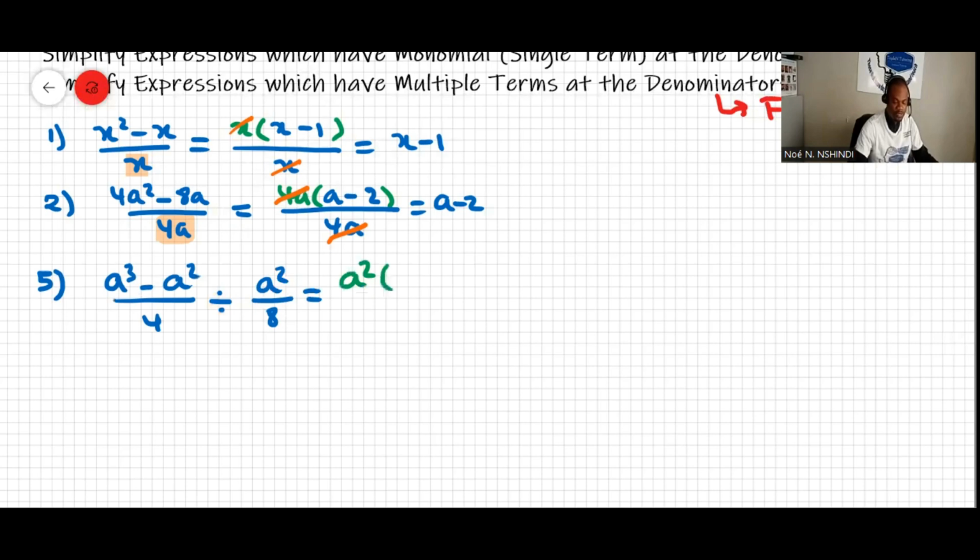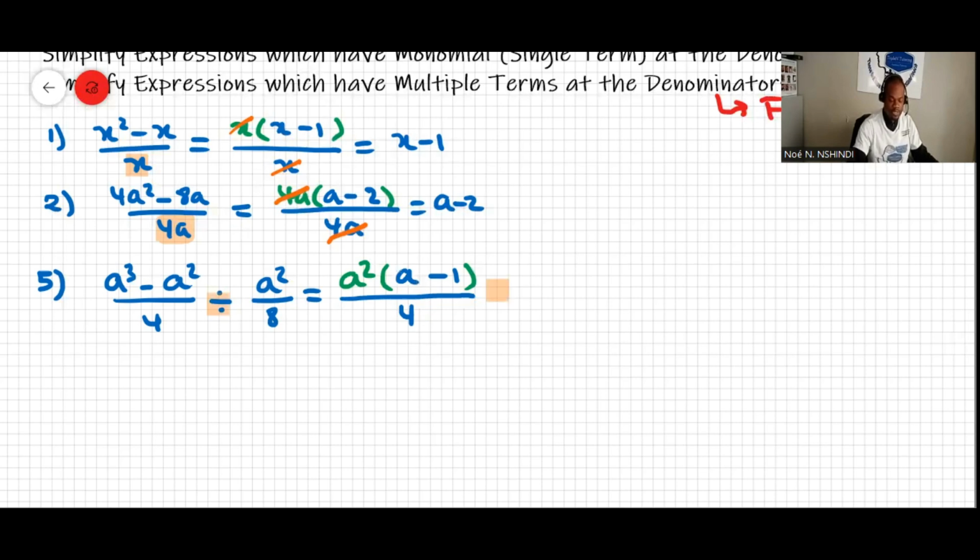So it's going to be a squared over 4, and then the factors will be a minus 1, because a squared times a is a cubed, and a squared times -1 is negative a squared, over 4.